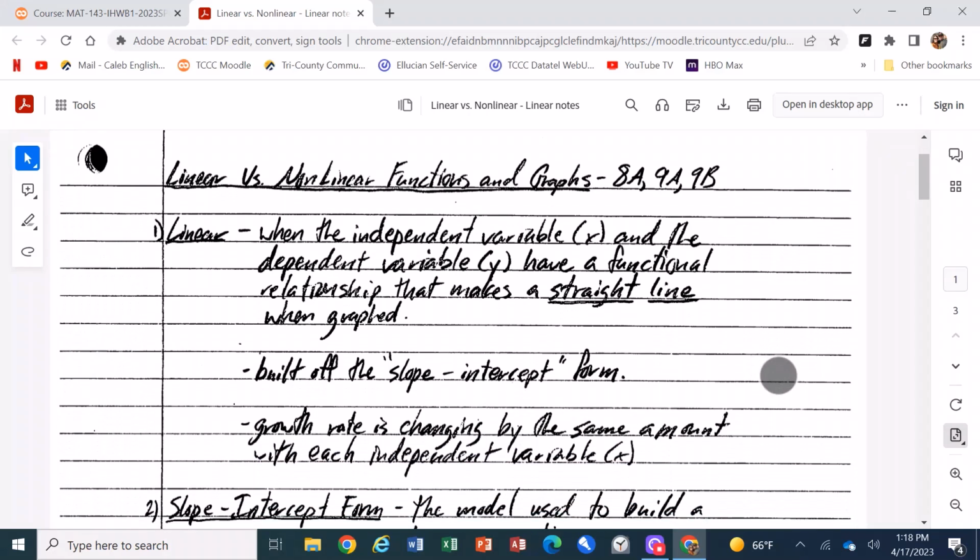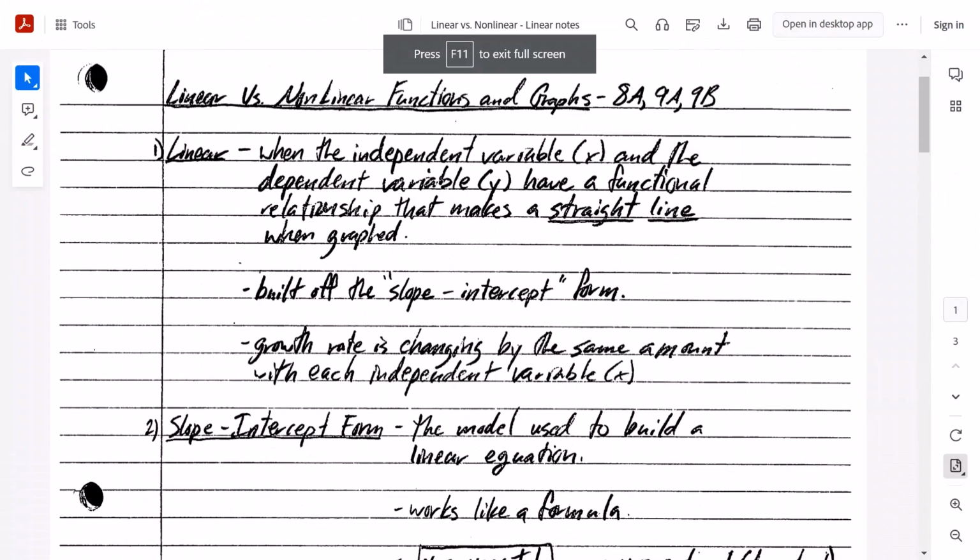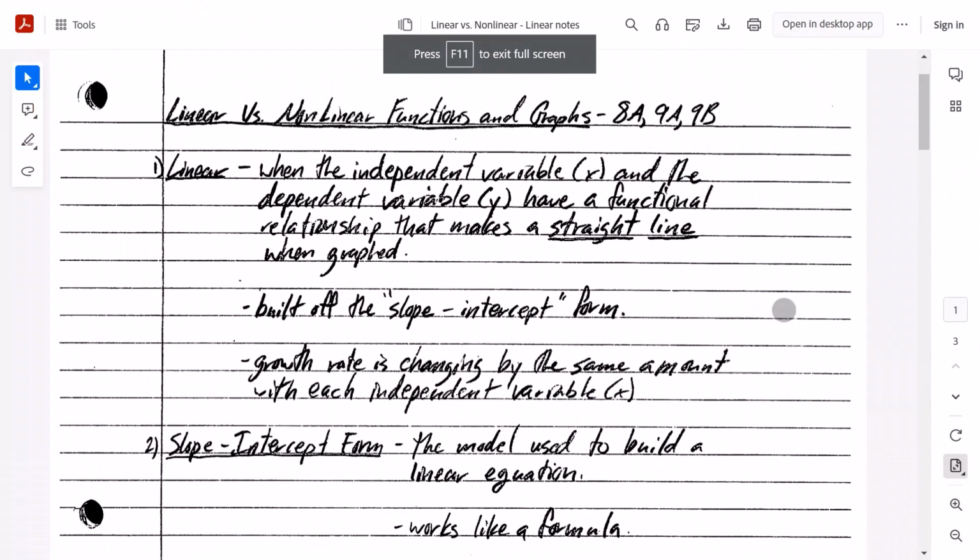Okay. All right. So let's go to full screen. All right. So linear versus nonlinear functions and graphs. If you're looking in the textbook, you're going to be looking in chapters 8A, 9A, and 9B. Now, that's not in any particular order.